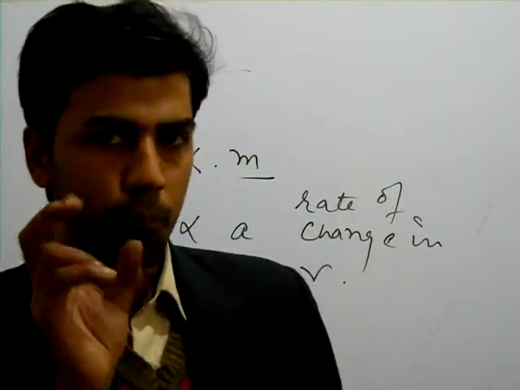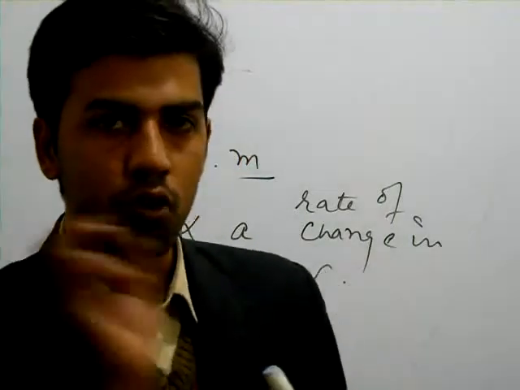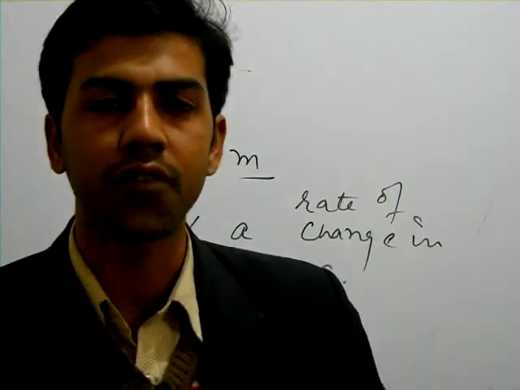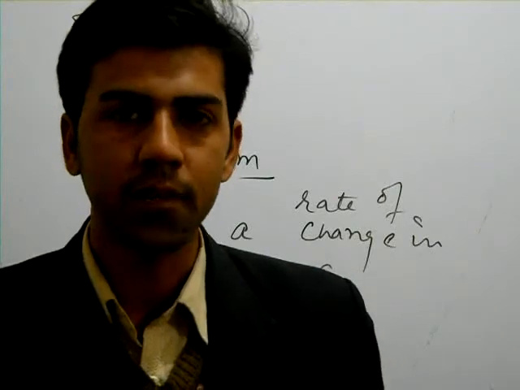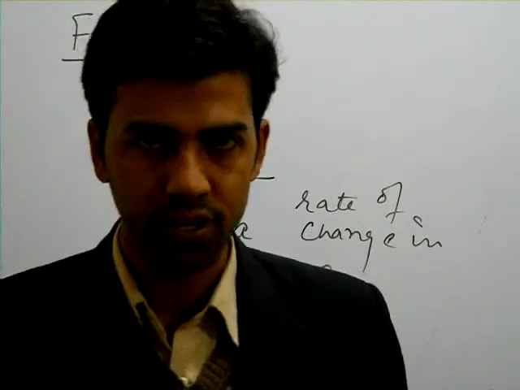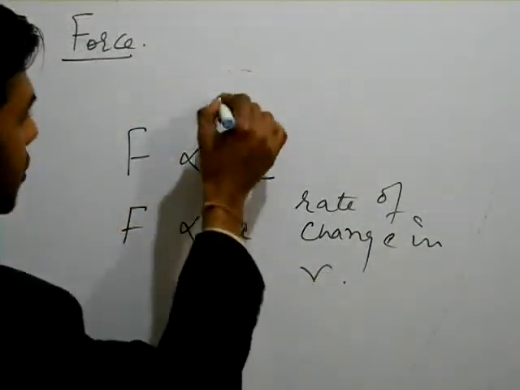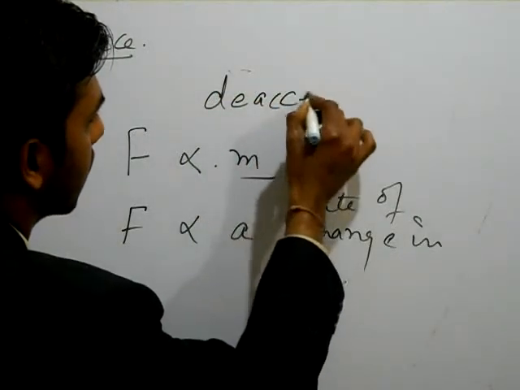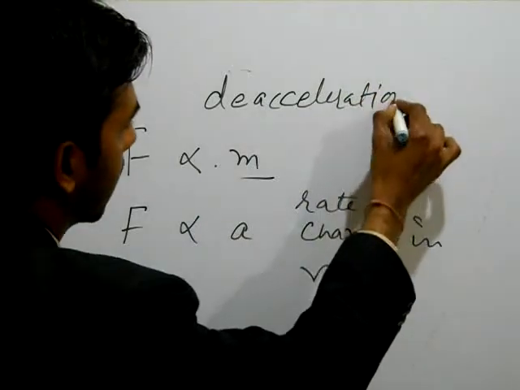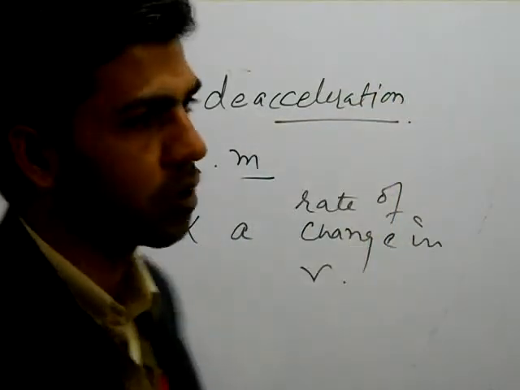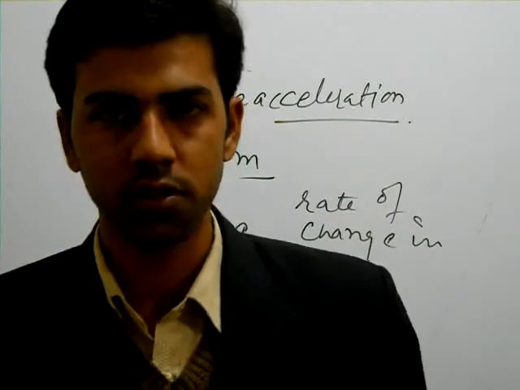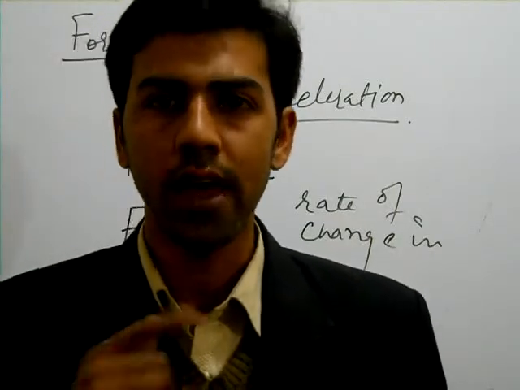Now the ball example: if you are throwing a ball and the velocity gets reduced to 0 after striking, that means there is a negative acceleration. And negative acceleration we also call deceleration. If velocity decreases, it is deceleration; if it is increasing, it is acceleration.